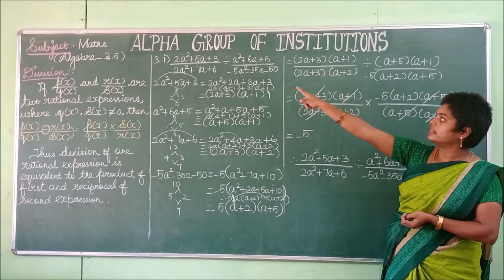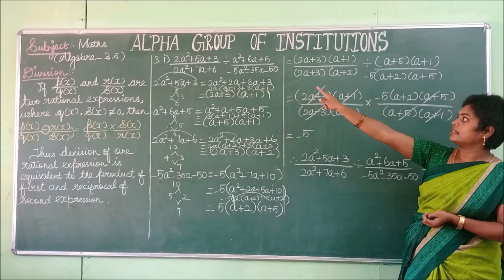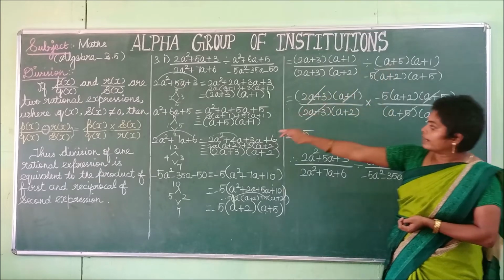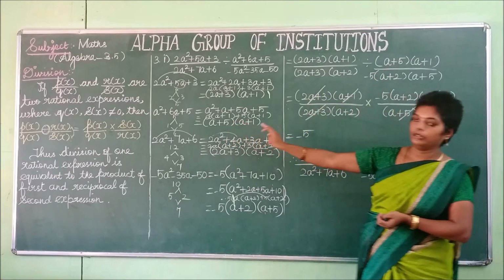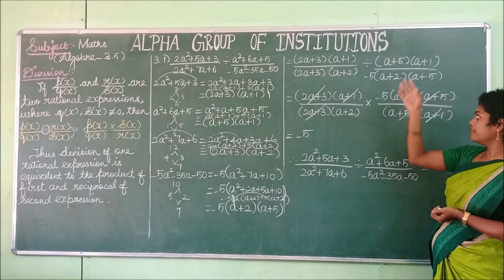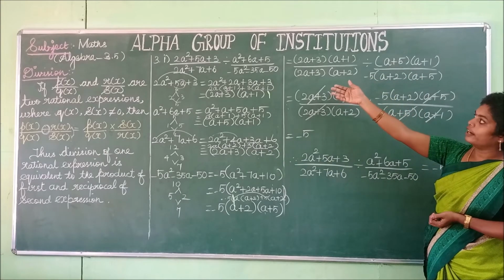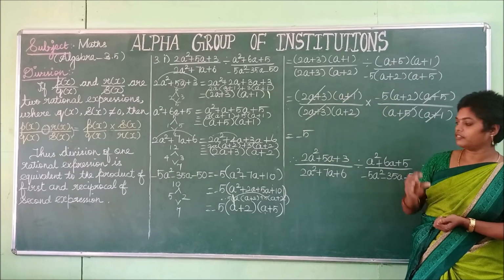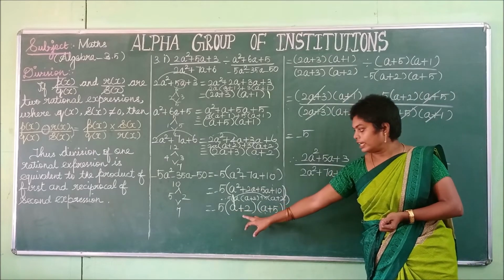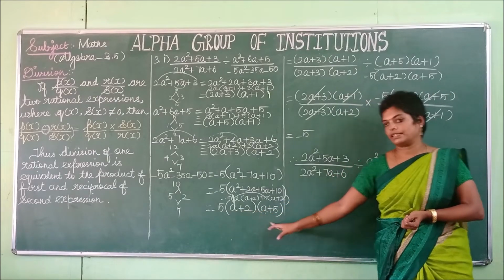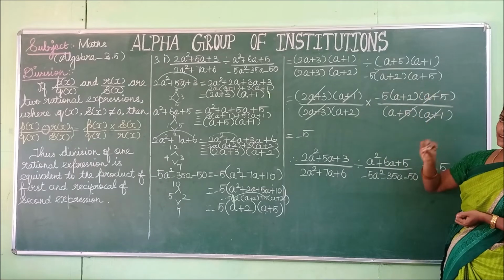Divide. What is the other term? A squared plus 6A plus 5. Factors for that: (A plus 5) into (A plus 1). Divide. Minus 5A squared minus 35A minus 50, which is equal to minus 5 into (A plus 2) (A plus 5). You substitute all the values.